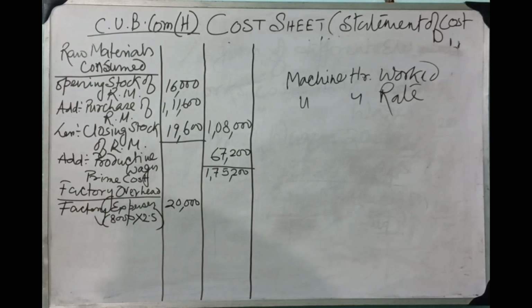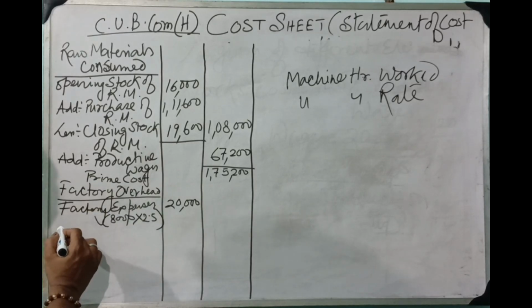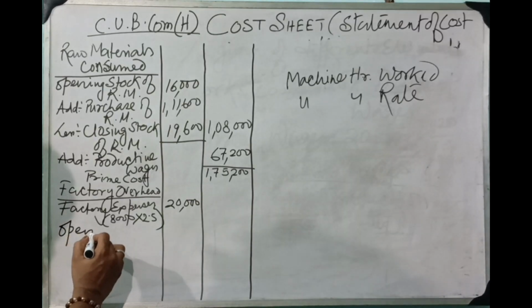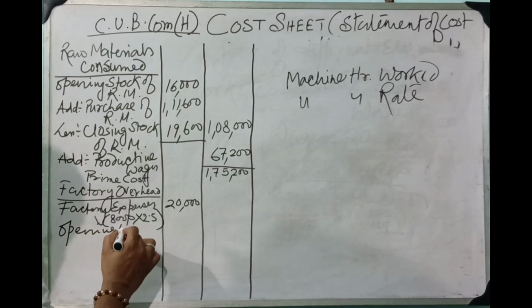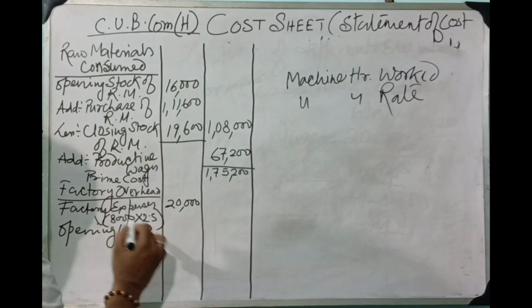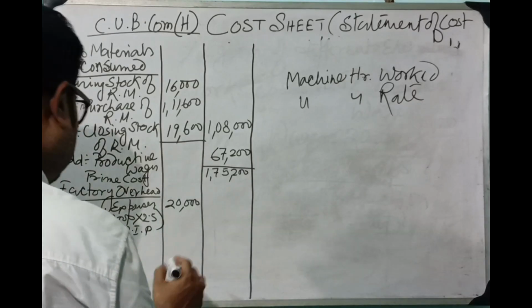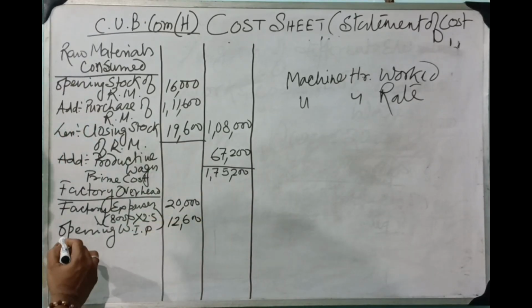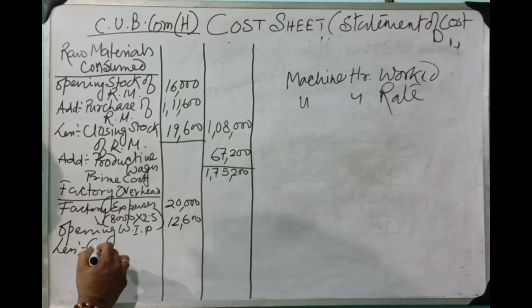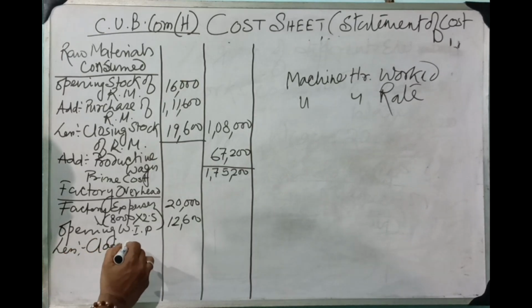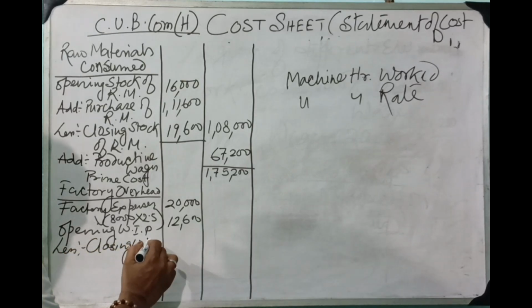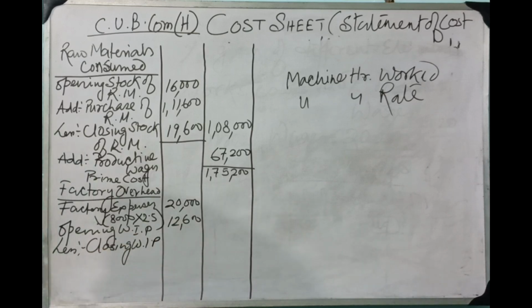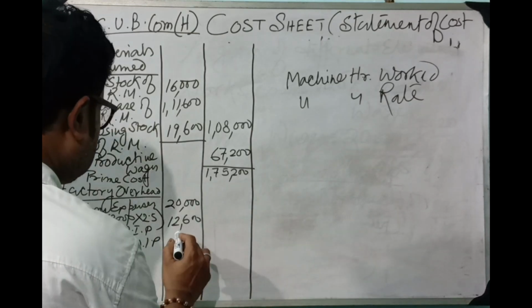Then I am writing opening work in progress. What is the value given? 12,600, less closing WIP. The value given is 4,600.